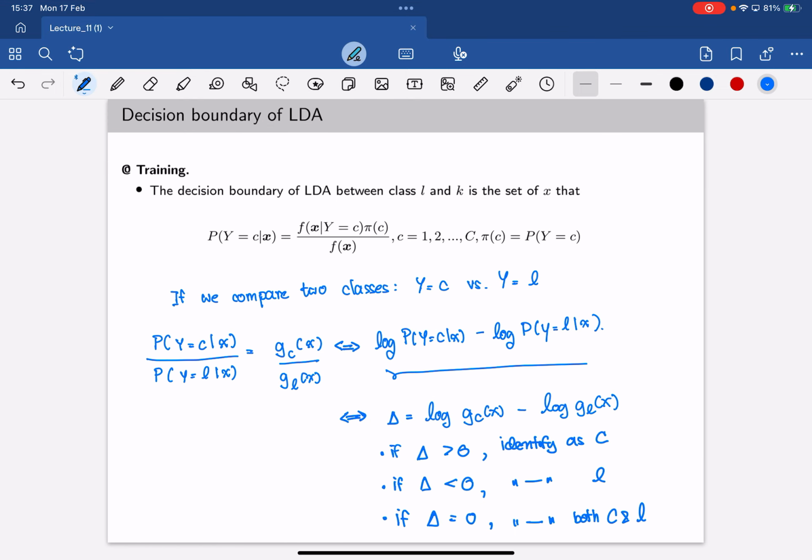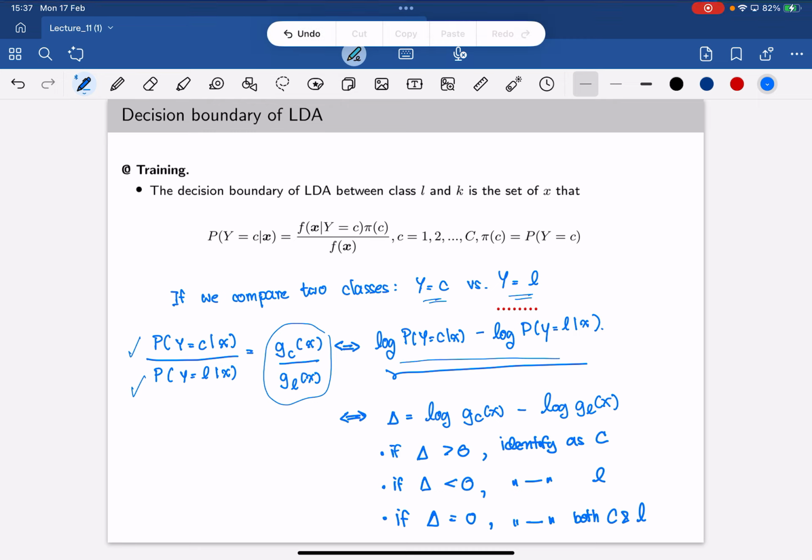Okay, this is just to clarify that if we have class C and class L, and we compare the probability of y equal to C versus the probability of y equal to L, and go back to the previous notation where we use the function G and put it in a logarithm, it should look like that.